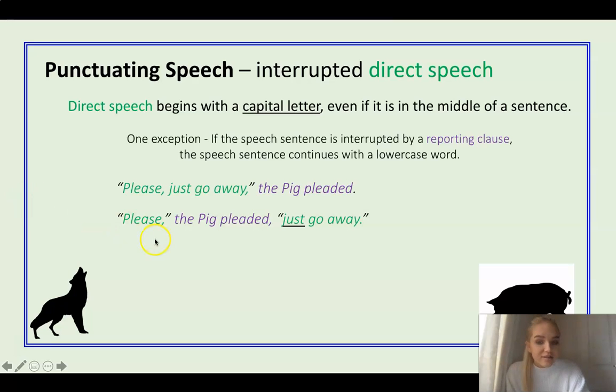So here you can see we've started the direct speech with our capital letter, which is our rule, but because we've split it up by stopping that direct speech in the middle and saying the pig pleaded, just go away. That just does not need a capital J because it's still the same line that that speaker is saying.